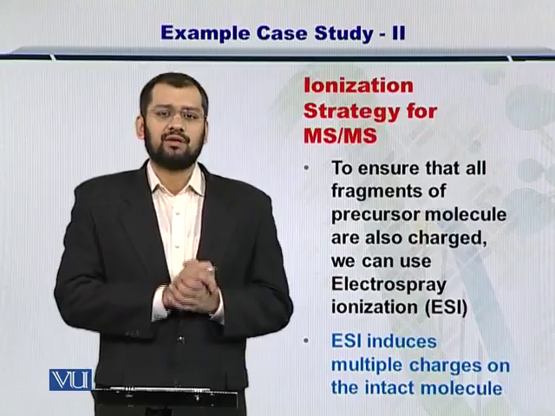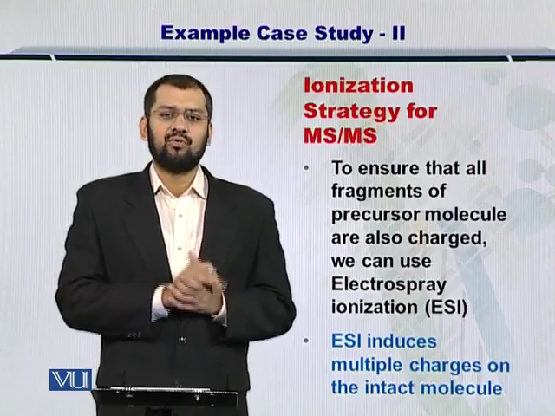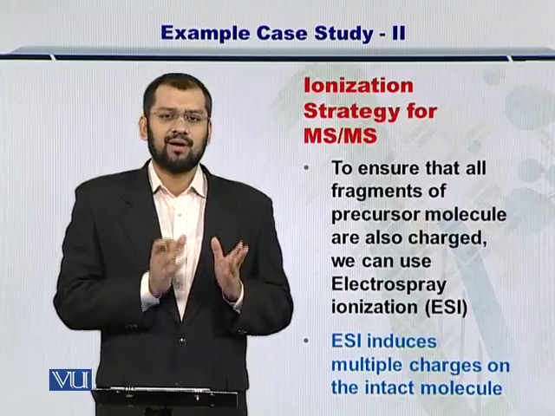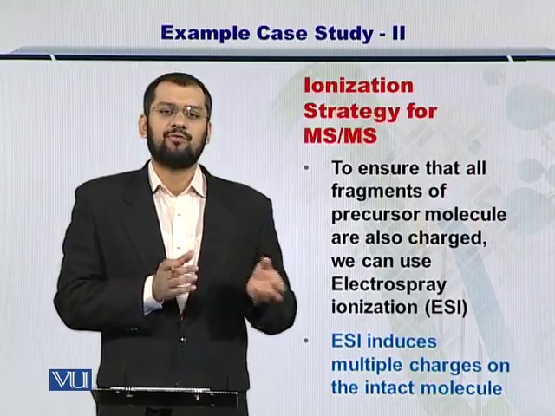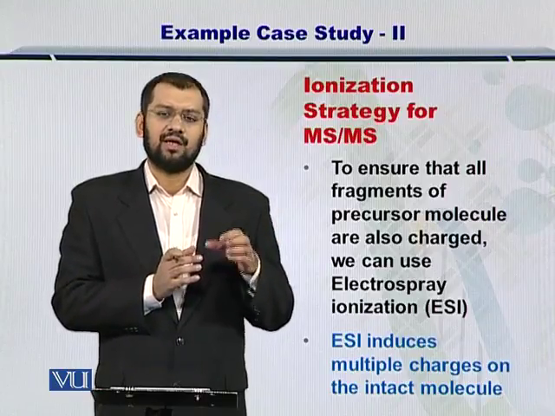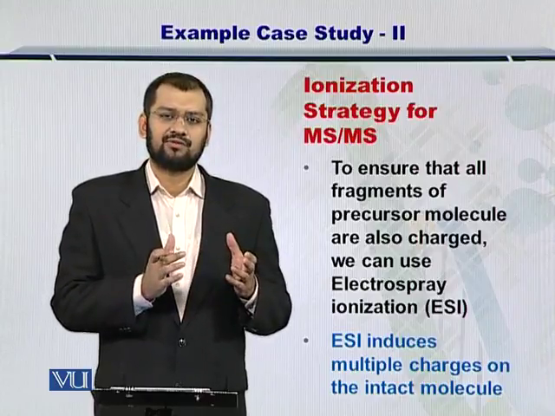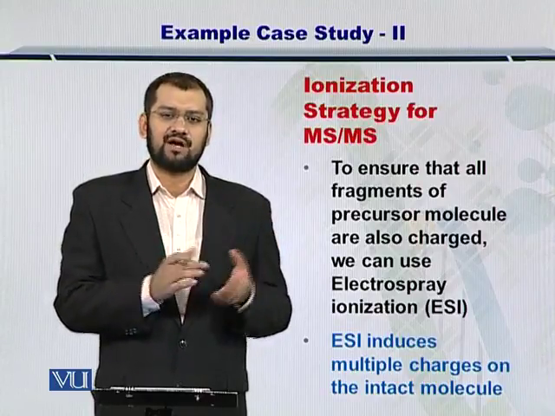At this point, it is important to review ionization. A protein can only be measured in a mass spectrometer if it is charged. If you fail to charge a protein molecule, it will not be detected by the mass spectrometer. So if you were to have fragments without a net charge, then those fragments cannot be measured by the mass spectrometer.